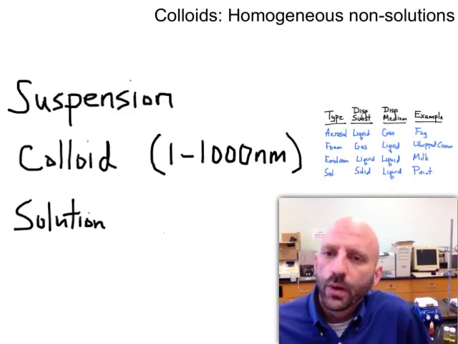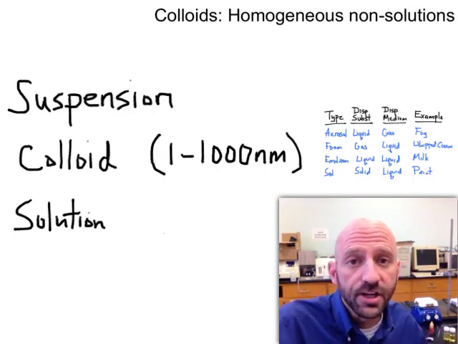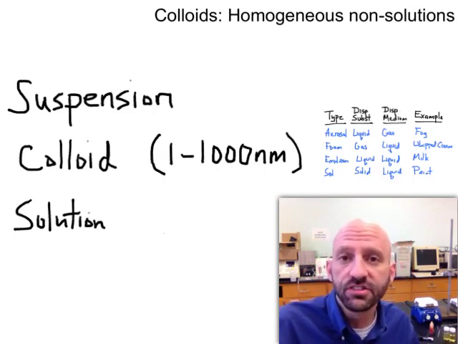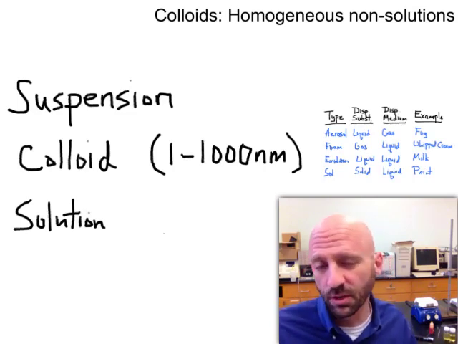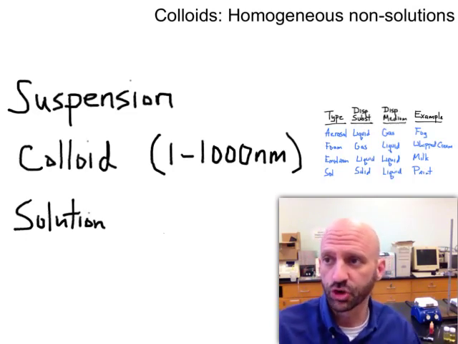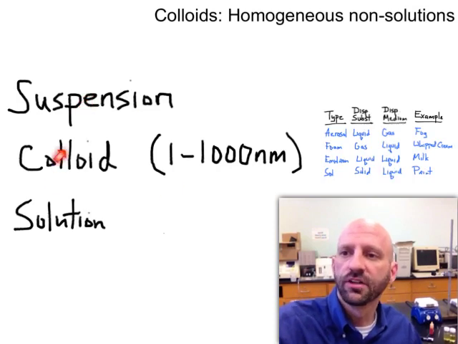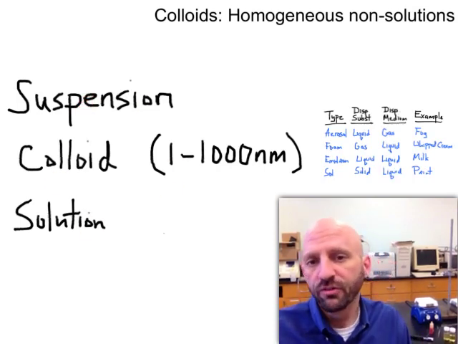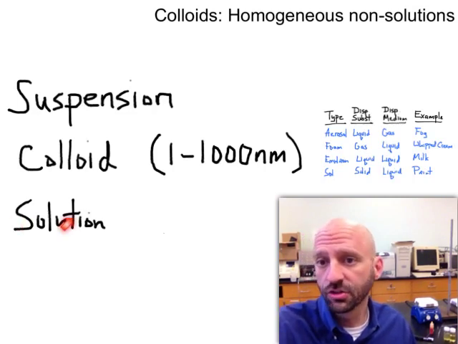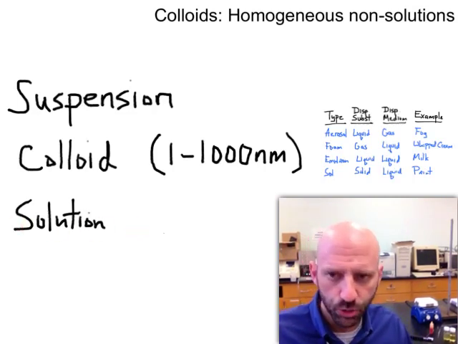And I think a good way to define colloid is to actually call it a homogeneous non-solution. So what do we mean by solutions, and what am I getting at when I call it a non-solution? Let's take a look at this quick little list of items I have here on the screen. What we've been playing around with have been solutions. What are solutions?